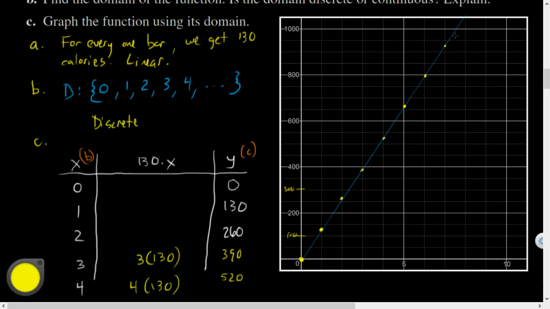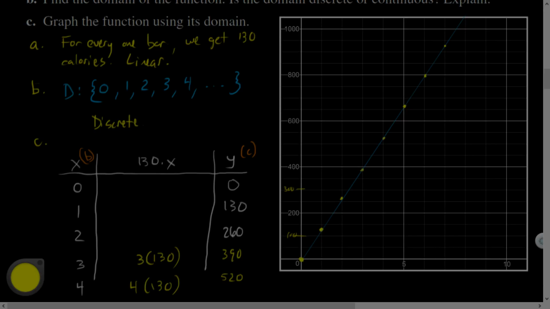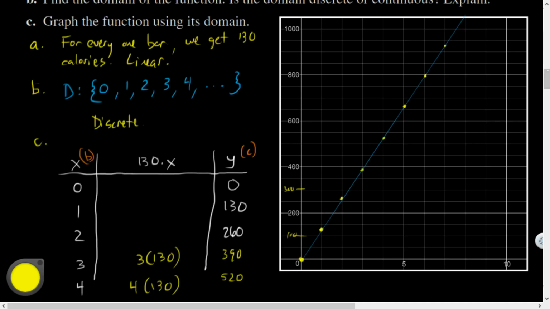And it looks like I could use that to predict some other points, even though it's a discrete function. All right. So the solutions of this function can be represented by graphs, they can be represented by tables, and even though this one has infinitely many solutions, I can at least get an idea of what it looks like.